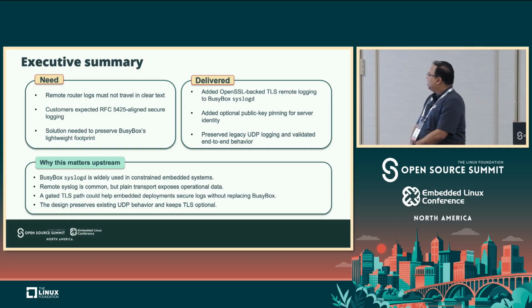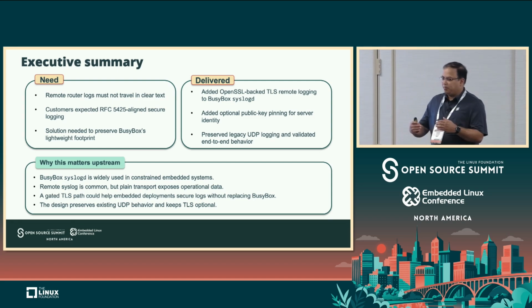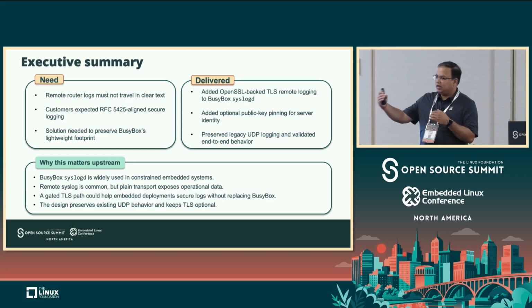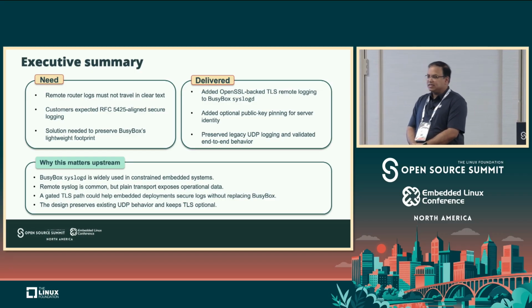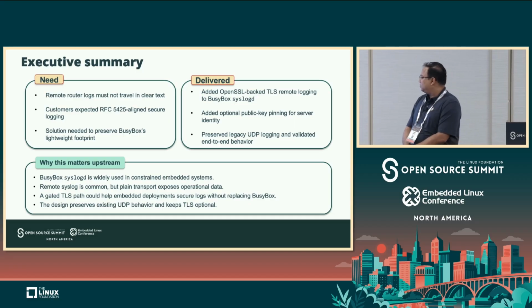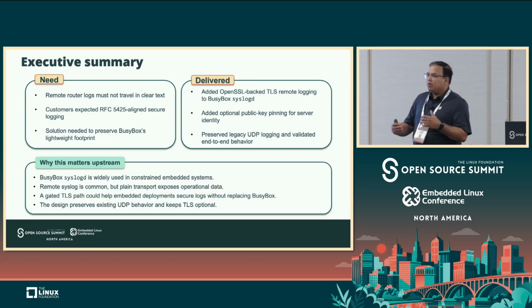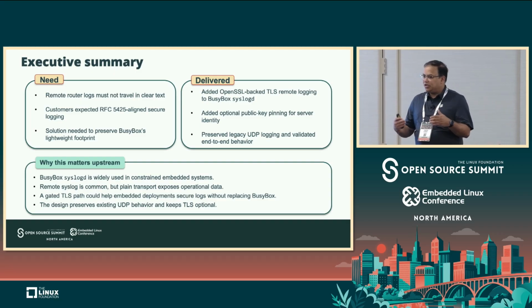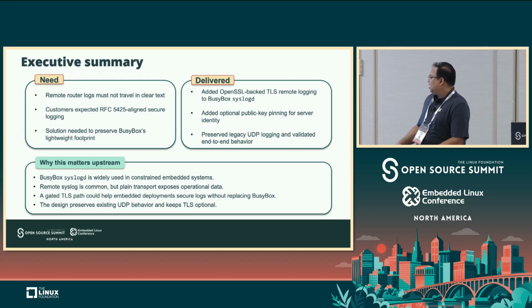We added an optional public key pinning, so you can pin the remote server to your BusyBox client. And we preserved the existing UDP logging path. Now we are planning to upstream this feature so that everyone in the BusyBox community can use it.